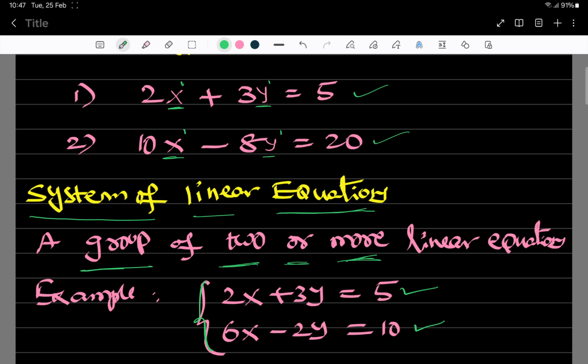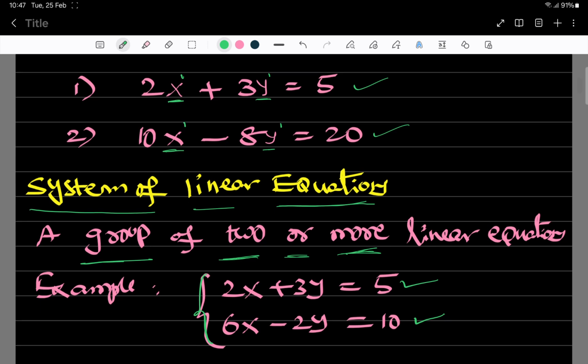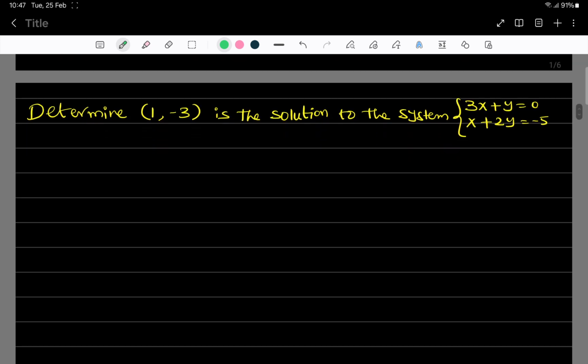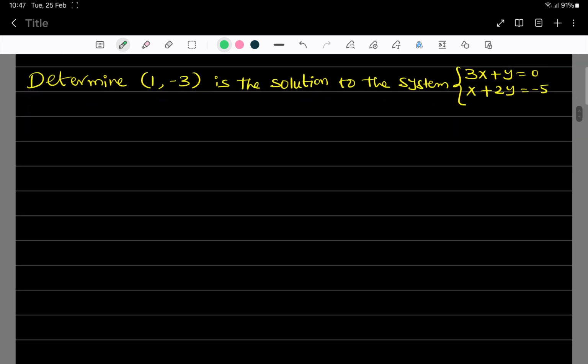There are different methods. Before that, one basic simple example you can see here. I have one system of equations, 3x plus y equal to 0, x plus 2y is equal to minus 5. For this system, now we have to verify whether the point 1 comma minus 3 is the solution or not.